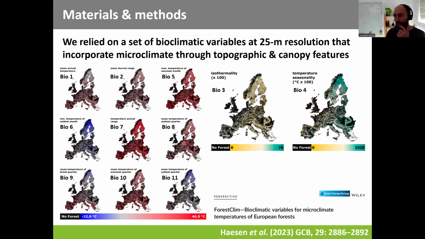And so to do this, as materials and methods, we rely on several sets of bioclimatic variables at 25-meter resolution for each layer that incorporate microclimates through both topography and canopy features. So those are the traditional bioclimatic variables, but they have been produced at 25-meter resolution across Europe only for forest ecosystems.